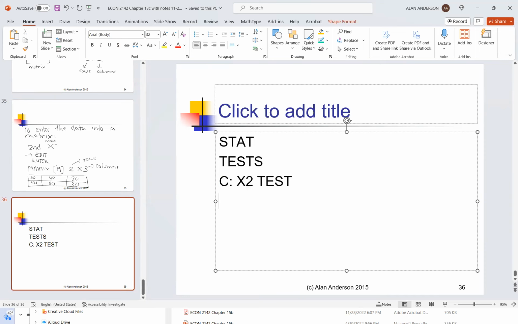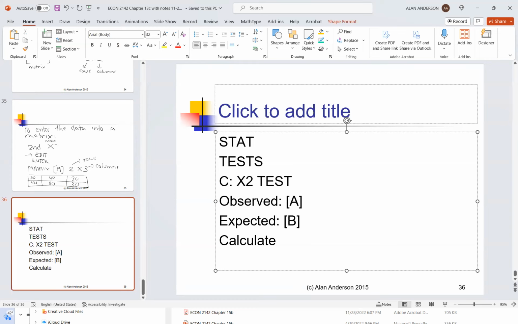And when you get there, it's going to say the following. Observed A, expected B. If it says that, go ahead and hit the calculate button. If not, you'll have to change the matrices. But those are the settings that it comes with from the factory. So it should say A and B. And what you're going to do then is just go down and hit calculate.